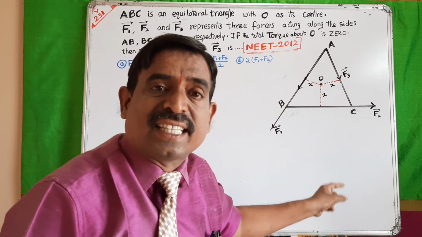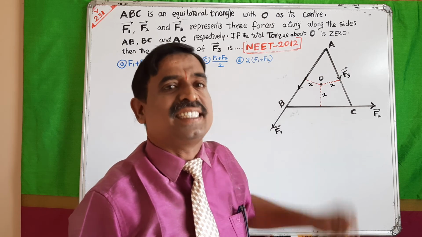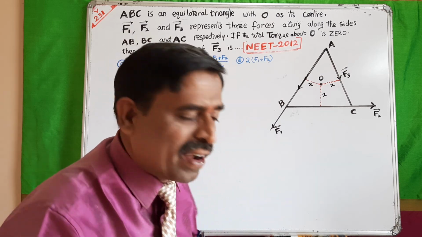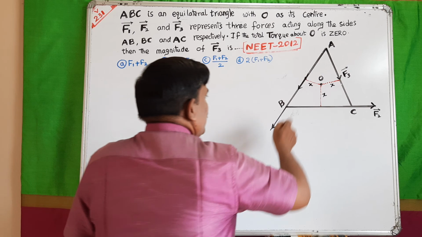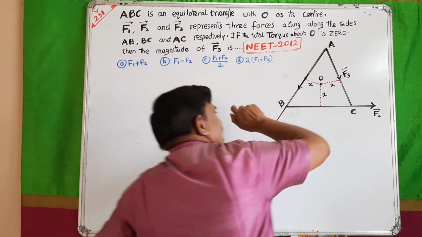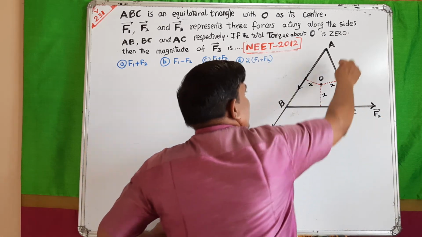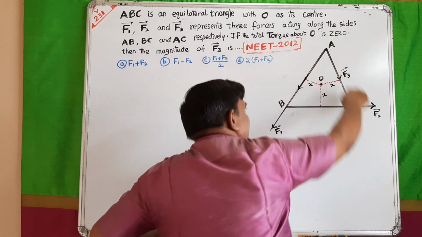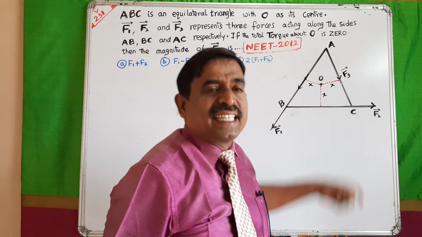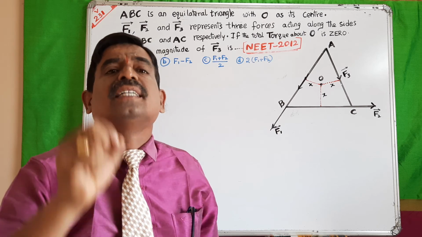All the distances from the center of the triangle to the sides are the same. The reason is it is an equilateral triangle. Now, F1 is the force acting along AB, F2 is the force acting along BC, F3 is the force acting along AC direction. Now please listen here.